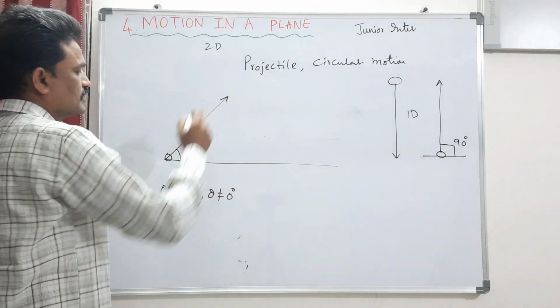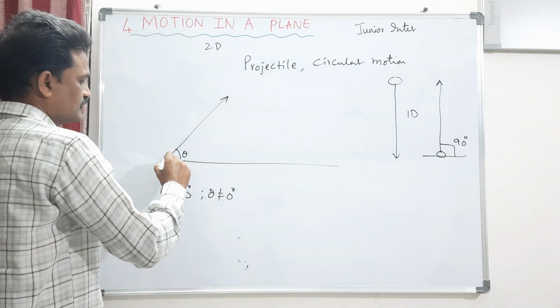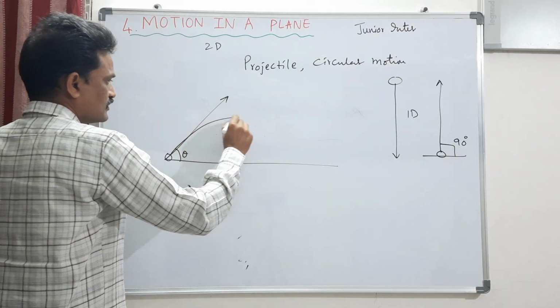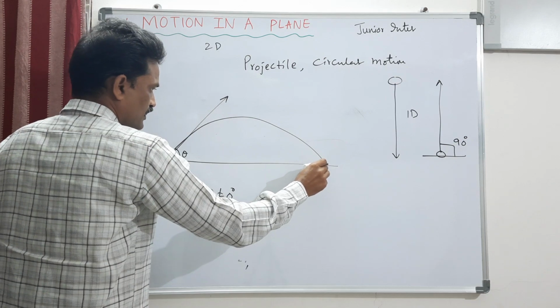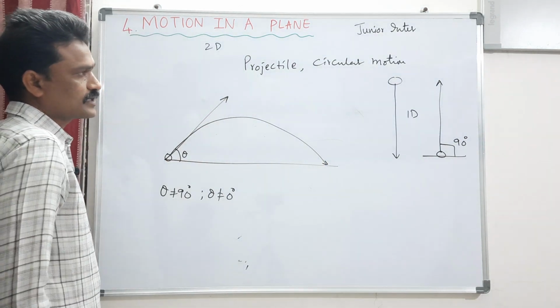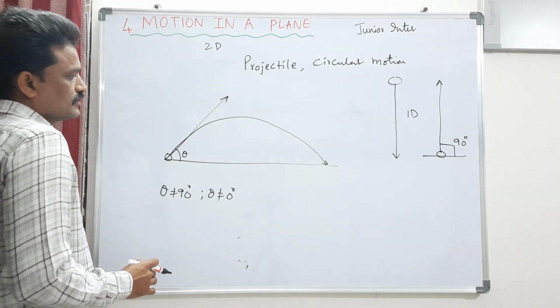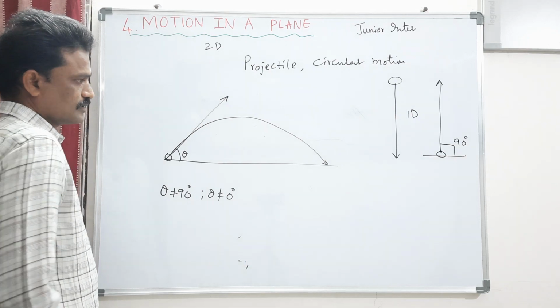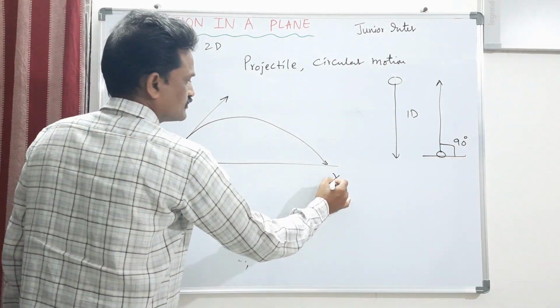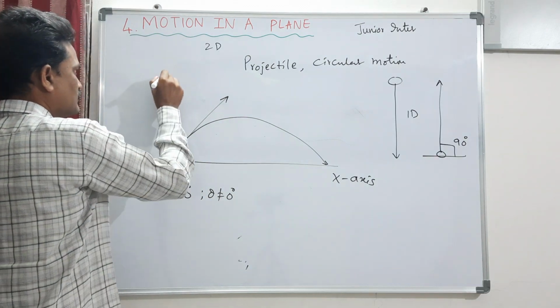So when I throw something upwards making certain angle theta with the horizontal, because of the gravitational attraction, it falls back on the ground. So this is called projectile. This motion is called projectile motion. In order to describe projectile motion, I should consider two axes. One is x-axis and the other one is y-axis.